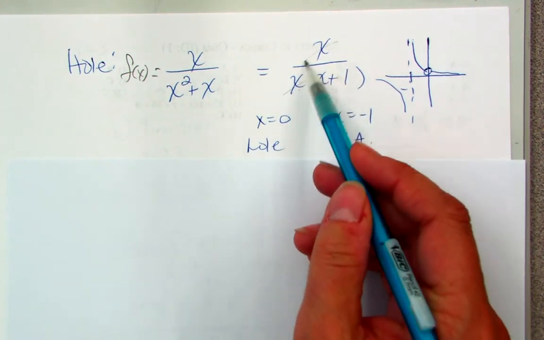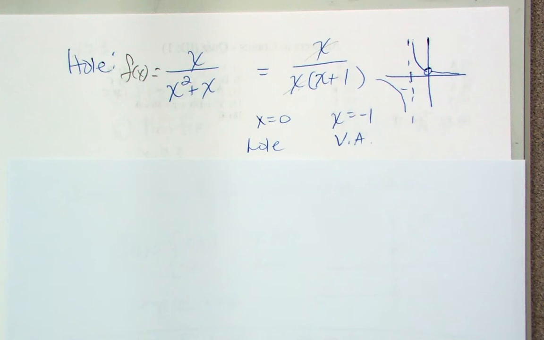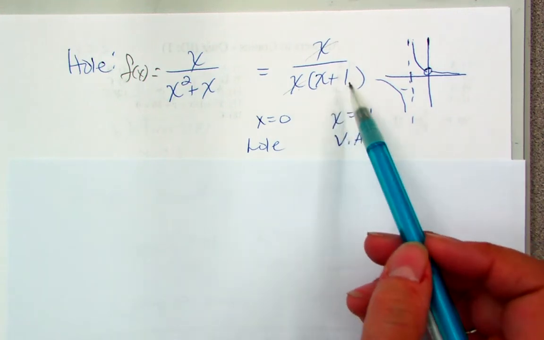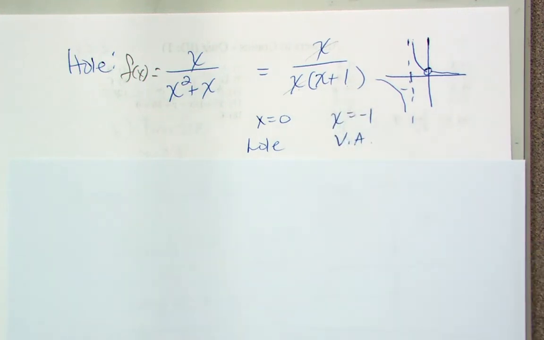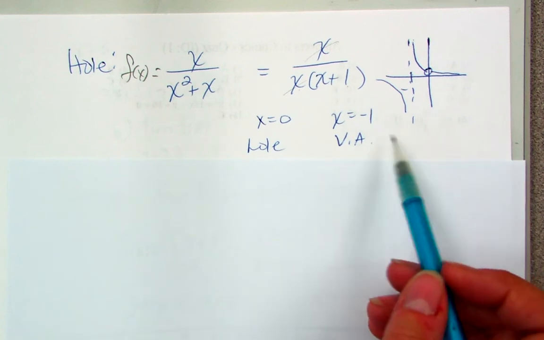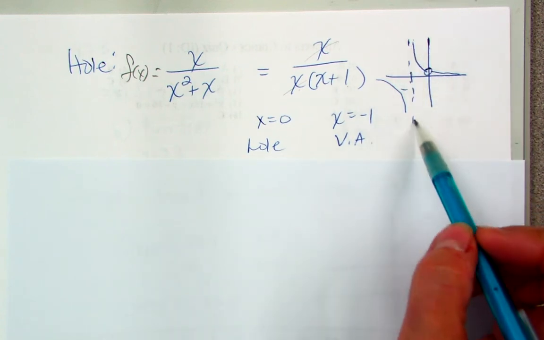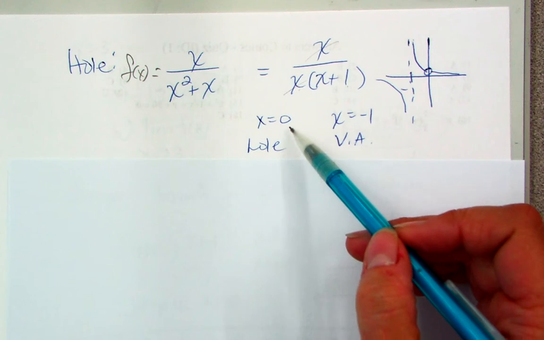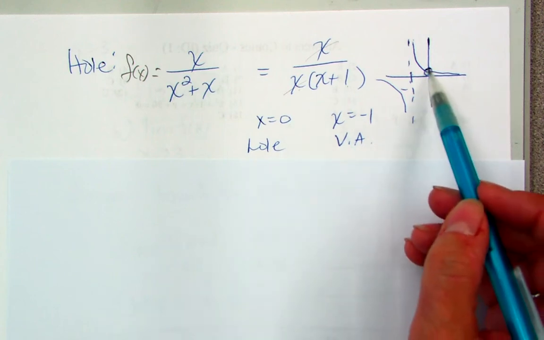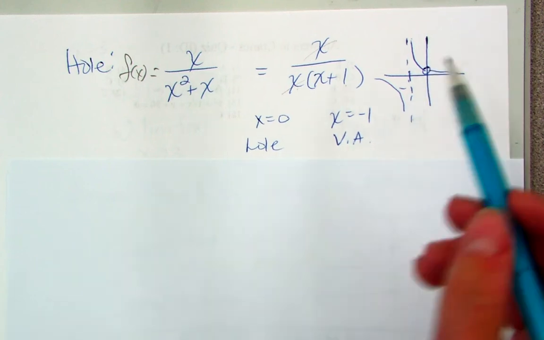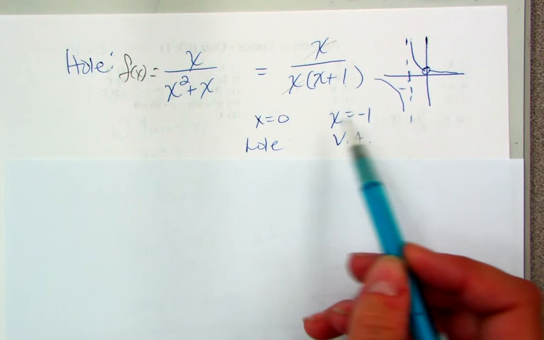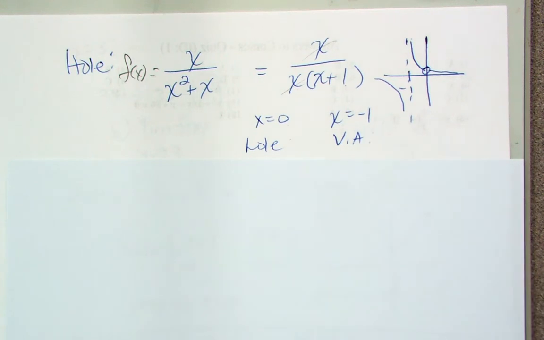Because I can cancel out those factors in the numerator and denominator. The factor x plus 1 in the denominator is left, so x equals negative 1 is a vertical asymptote. This is how you would sketch out that graph. The vertical asymptote is at negative 1, but the graph doesn't use the value 0. So at the x value 0 there is a hole. This is a removable discontinuity. This is not.